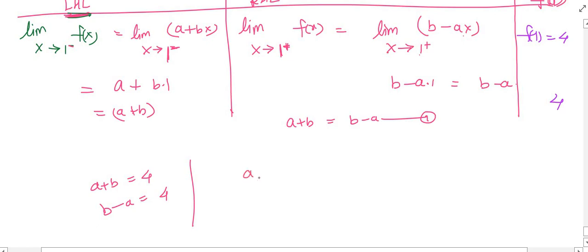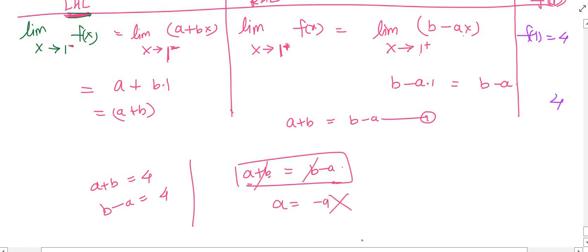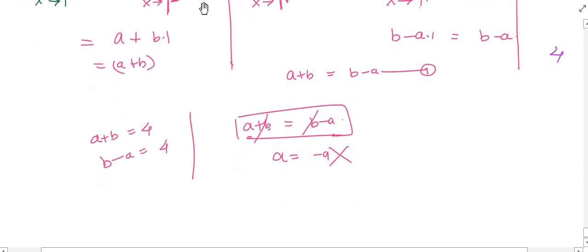And these two are also equal. a plus b is equal to b minus a. So from here we are getting some absurd equation. It means b and b cancel, a is equal to minus a, which is not possible. So we will ignore it. Okay. Now let me see.